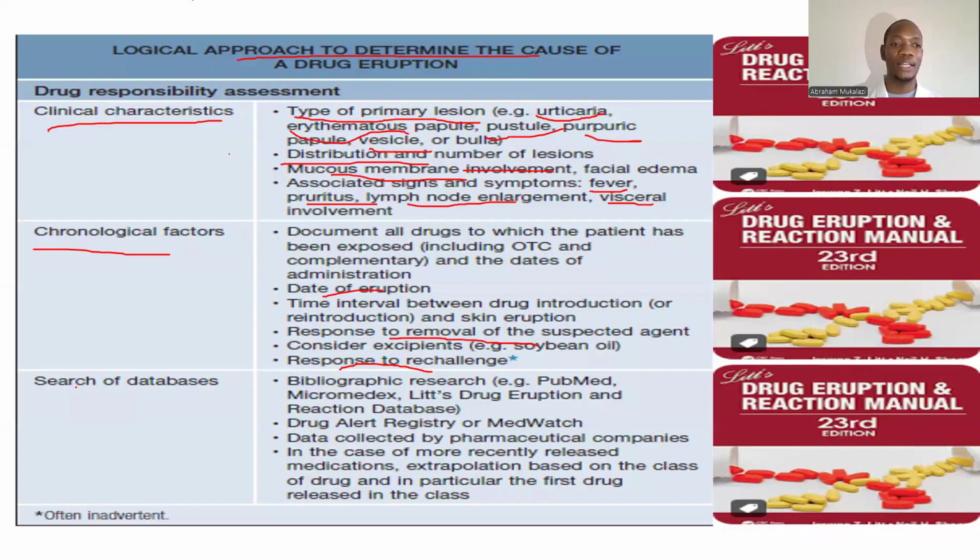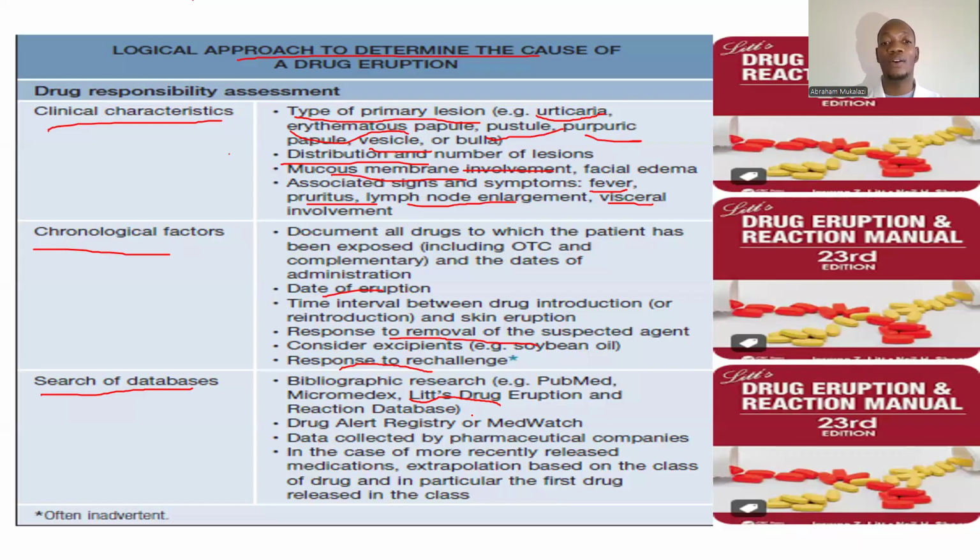Then lastly, then you search the database. So currently we have a book that is published every year. It's called the Litt's Drug Eruption and Reaction Database. So it's also accessible online. So if you have the different drugs that you are having, you can search these online databases, and then you know which drug eruptions have been reported with that particular medication.